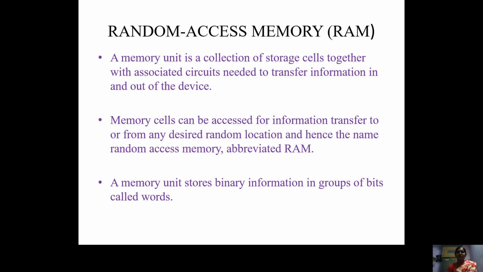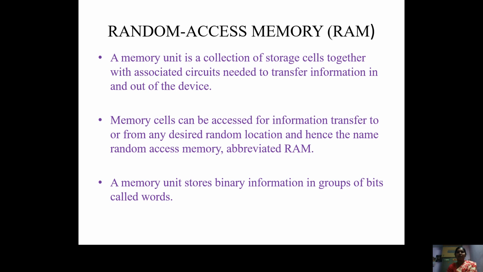With associated circuits in the sense, since memory is capable of storing much information in it, sometimes we need to select which type of word is to be written into the memory. To select such things, we need associated circuits.